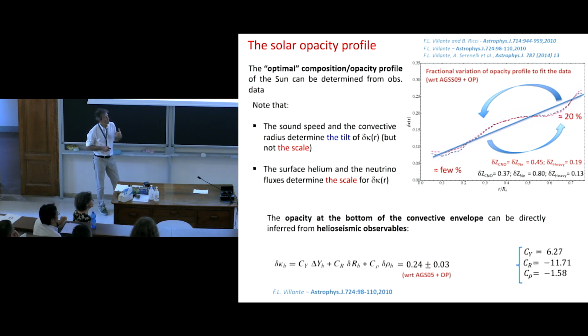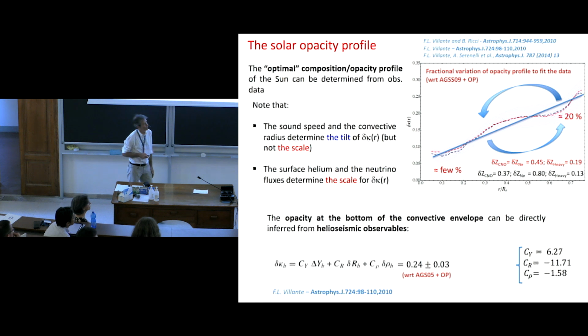The scale is fixed by the solar neutrino flux measurement or the surface helium abundance, but then this kind of variation of the opacity should be much larger, so the opacity variation should be not only increased but also tilted. It should be much larger at the bottom of the convective region, at the level of 20%, in order to explain the sound speed and the convective radius data.